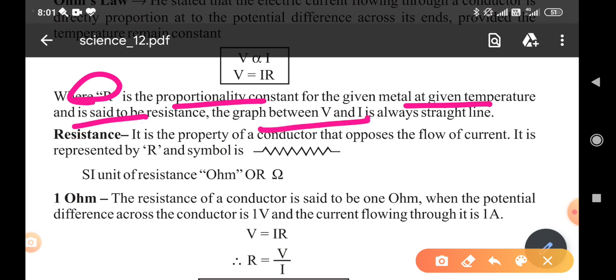The graph between V and I is always a straight line.